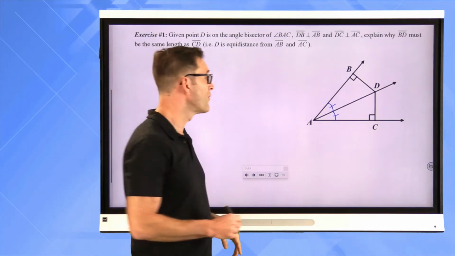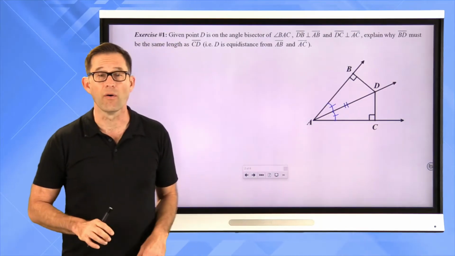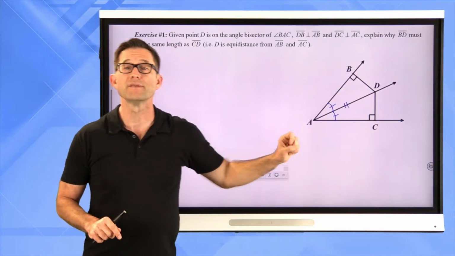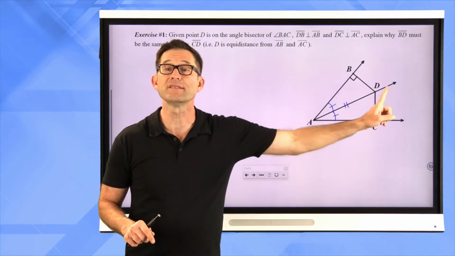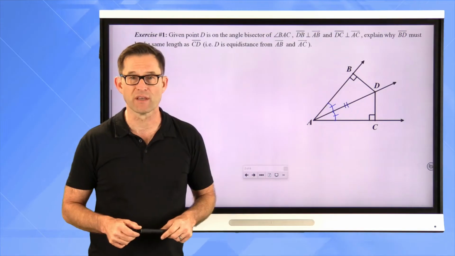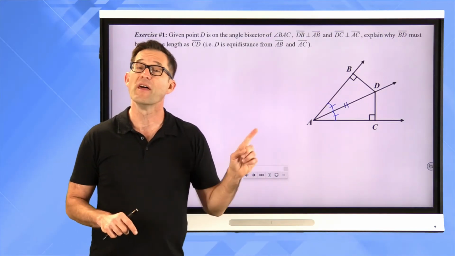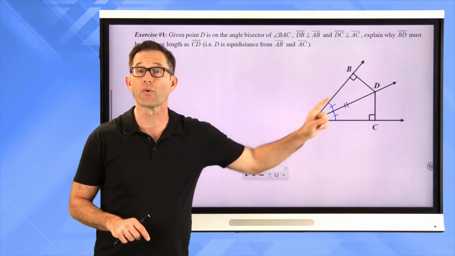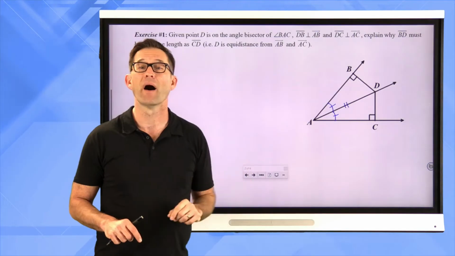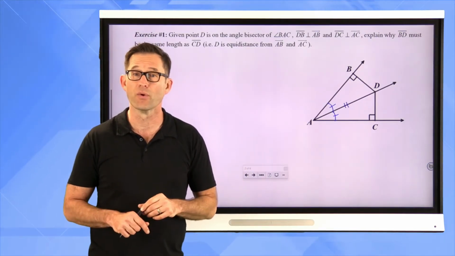We also know, of course, that AD is congruent to itself. And therefore, triangle ABD is congruent to triangle ACD by the angle-angle-side congruency theorem, and then because those two triangles are congruent, BD has to be congruent to CD by CPCTC because they are corresponding sides of congruent triangles.